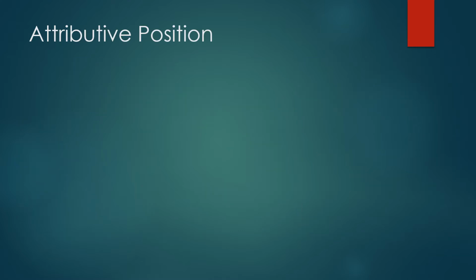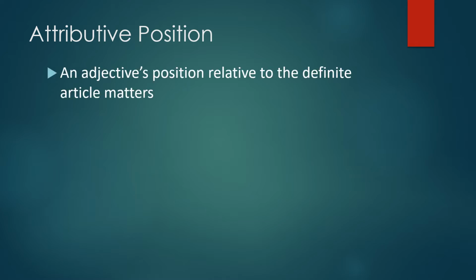I'm very happy that in these beginning lessons, Chase Phillips is so thorough. This is another thing that I think many curricula in Greek don't emphasize enough, is position. So we'll start with attributive position. An adjective's position relative to the definite article matters.